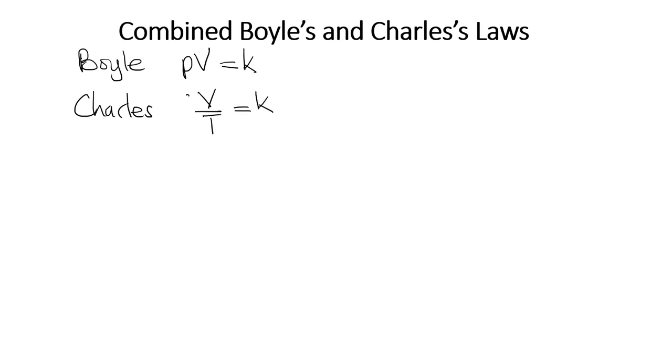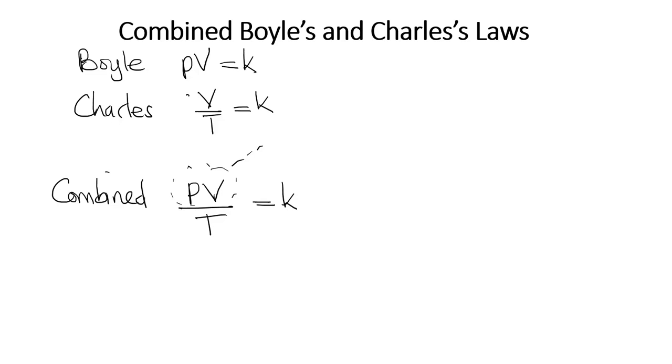So we are saying if we add the two laws, we'll have PV over T is equal to K. So this part, the PV is equal to K, is Boyle's law.